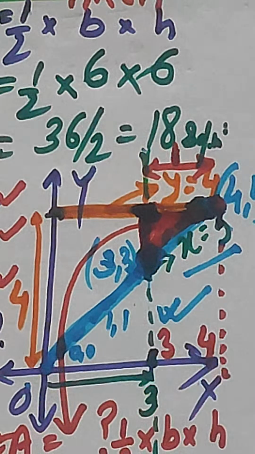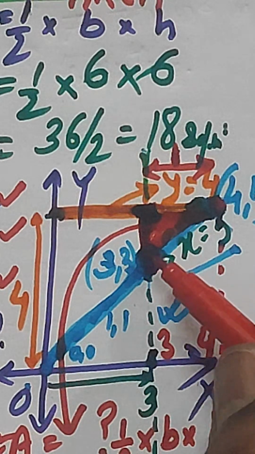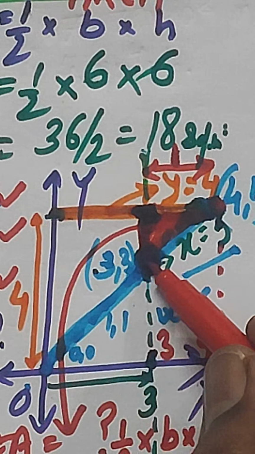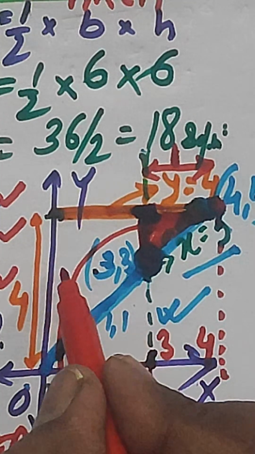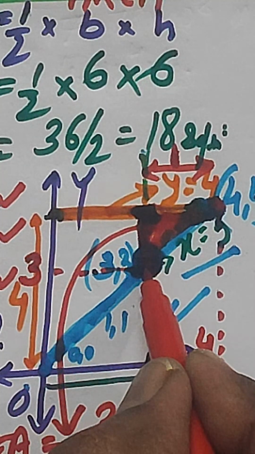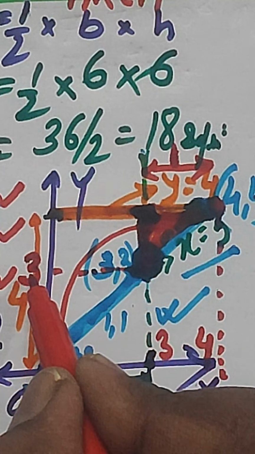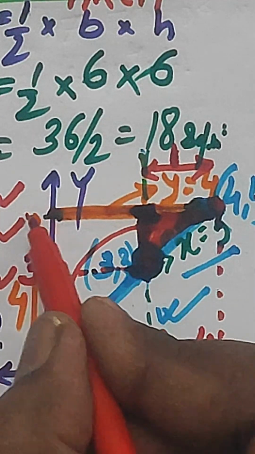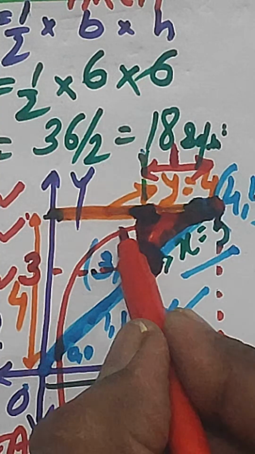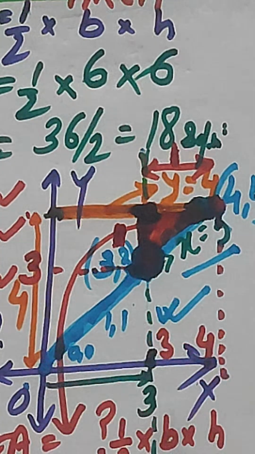To calculate the base, we need to see the point of intersection over here. Here x equal to 3 and y equal to 3. So that means at this point y is 3, right? And here y is 4. So from here to here it's 1, right?